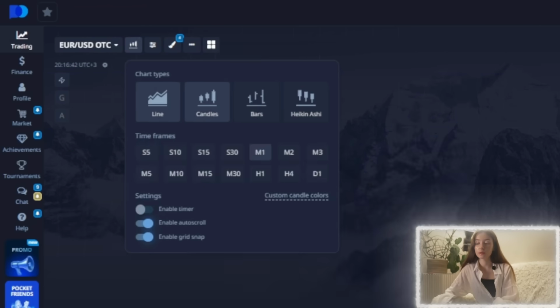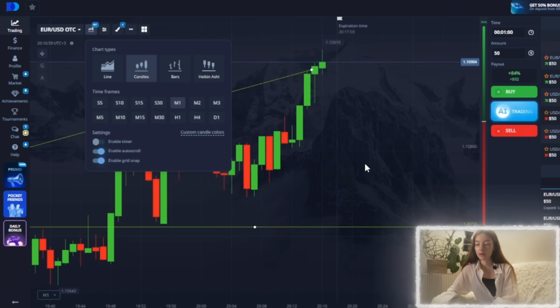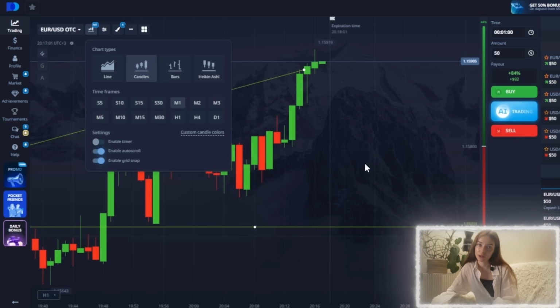But I mainly use candles and I recommend you, at least at the beginning, try to consider the graphics with candles. We will repeatedly return to other types of graphics in other videos. But for now, let's look at the candles. They simply give more information.